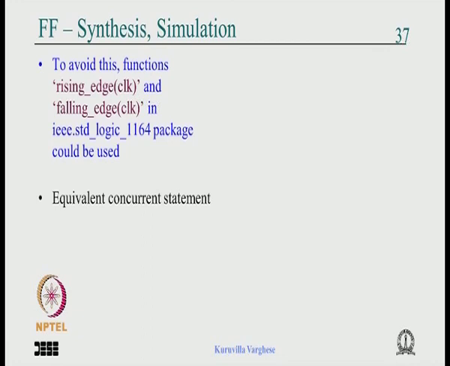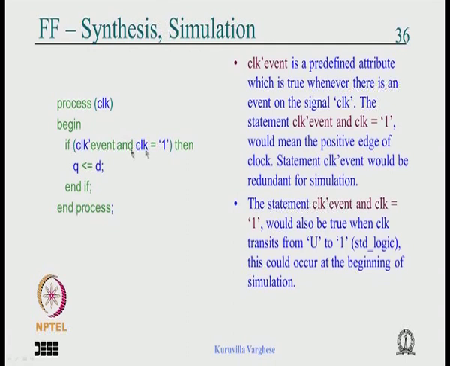And the question is, can we have a concurrent statement by which you can write the code for the flip flop? This says that if clock'event and clock is equal to 1, then Q gets D, end if. Naturally, you know that when-else is equivalent to if.